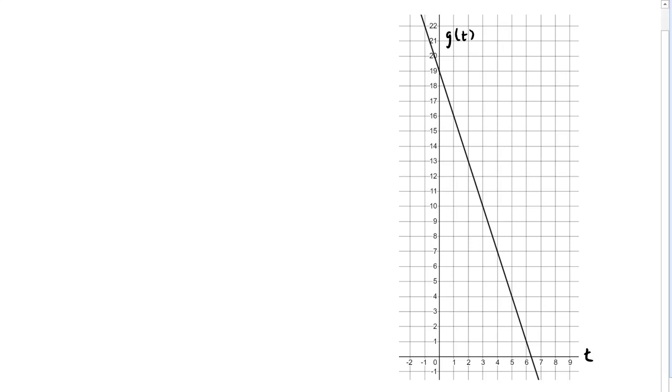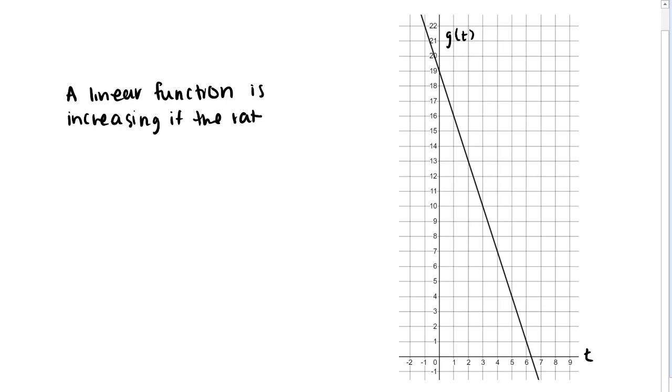And so really, we can see that a linear function is increasing if the rate of change is positive, if the slope is positive.